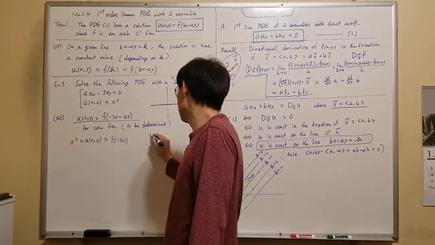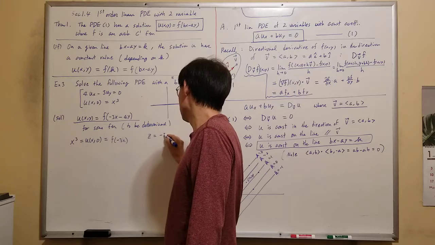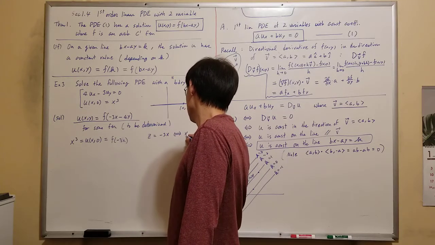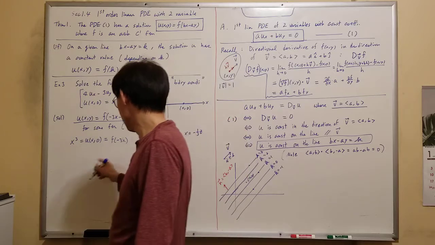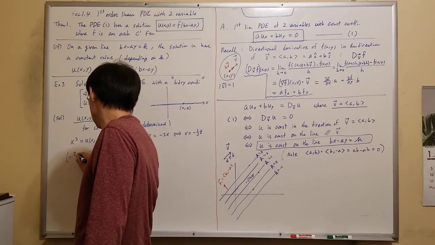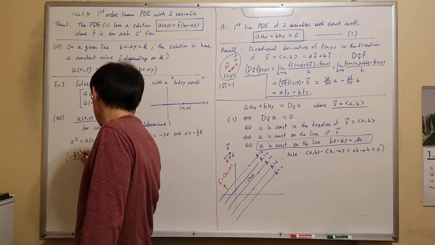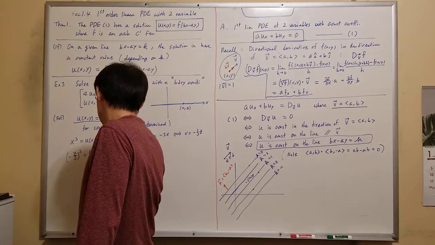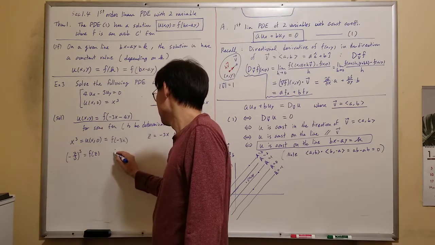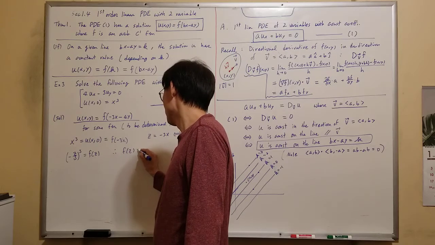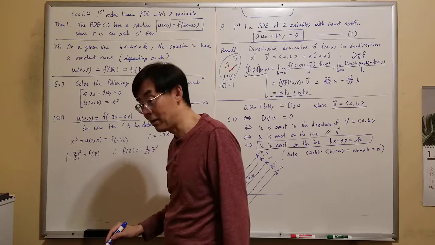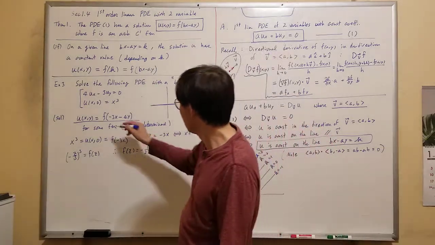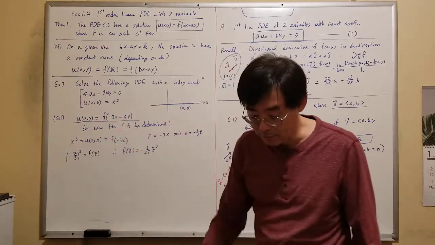So I'm going to set z to denote minus 3x. That means x equals negative 1/3 z. So plug it in. Negative z over 3 cubed equals f of z. Therefore, f of z equals negative 1/27 times z to the third power. So here that function f is this.